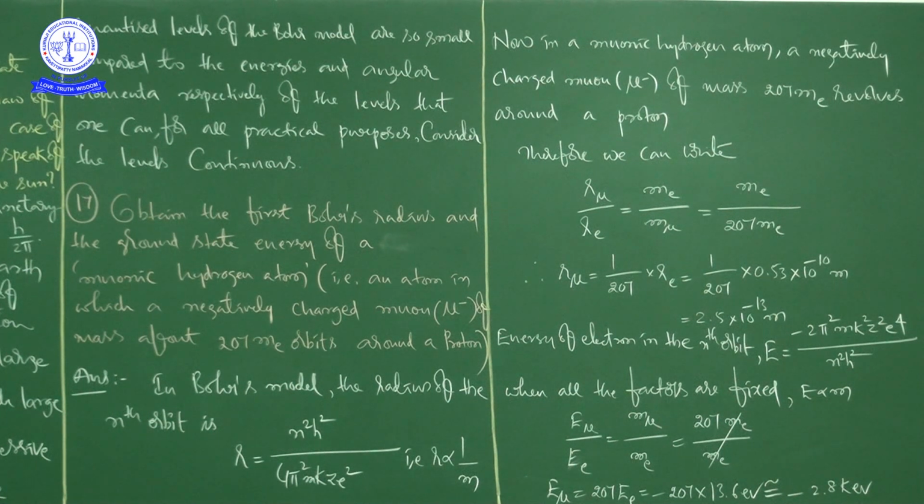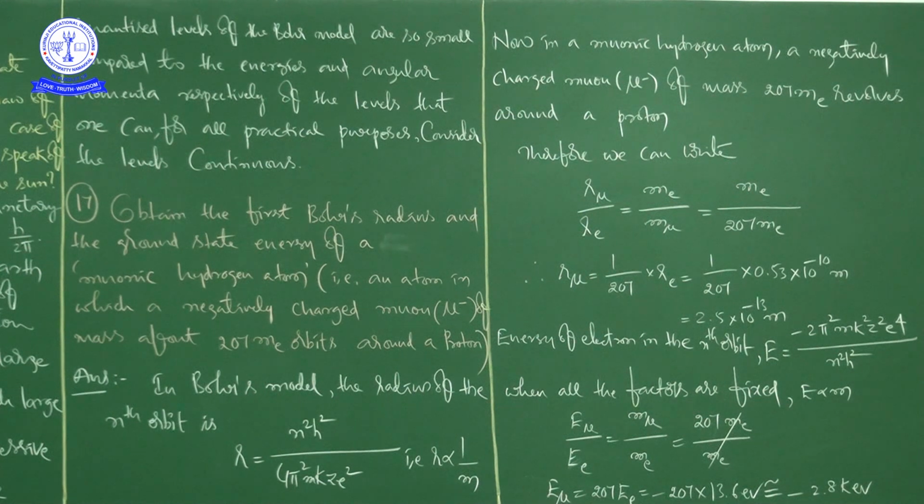See here. When all the other factors are fixed, E is directly proportional to mass. So you can write E mu by E is equal to M mu by Me. Writing the value 207 Me divided by Me, these two will get cancelled.